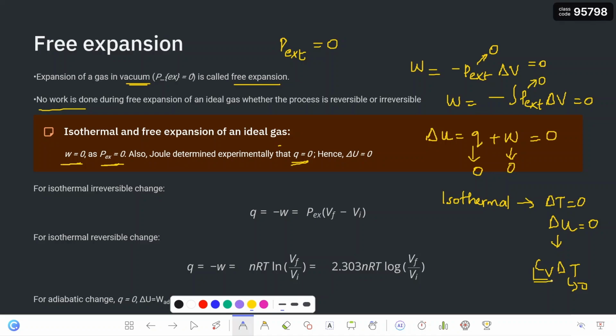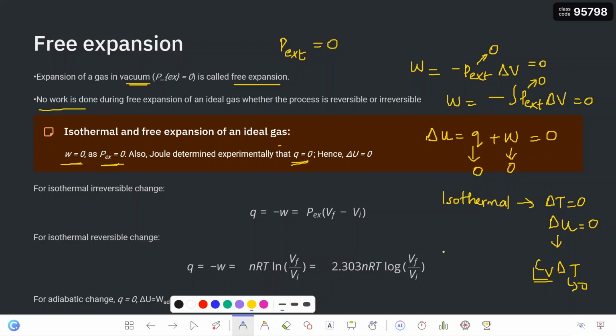This is specific heat capacity, which you have not learned; I will discuss it later. For an isothermal case, delta T is 0 and the change in internal energy is also 0. Temperature is the average kinetic energy, so when there is no change in temperature there is no change in internal energy. So delta T is 0, delta U is 0.